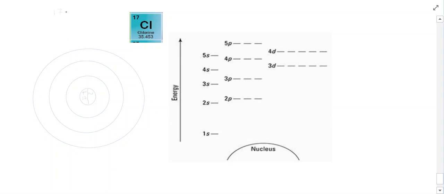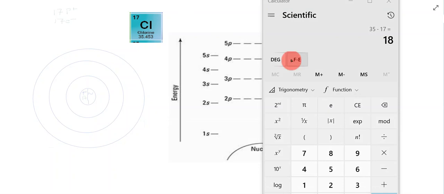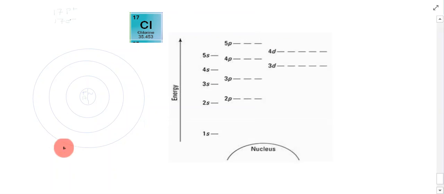It's going to have 17 electrons which are negatively charged, and then 35 minus 17 is 18, so it's going to have 18 neutrons which don't carry any charge.